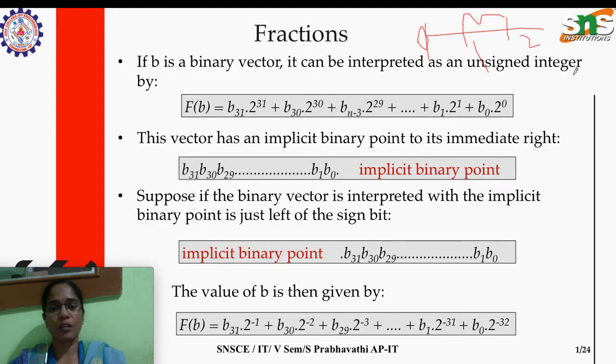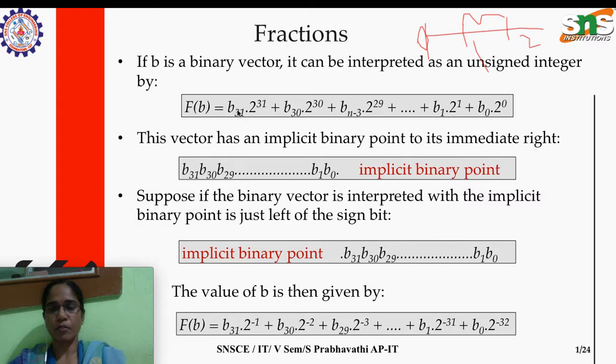So to get more accuracy in any scientific calculation, the number must be represented in floating point, which means with a decimal representation.